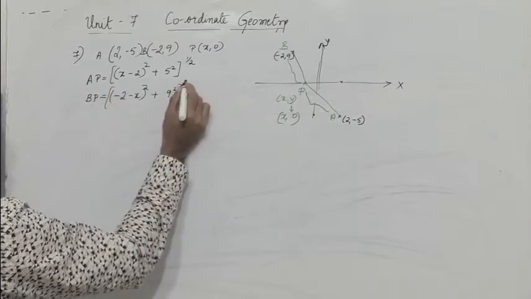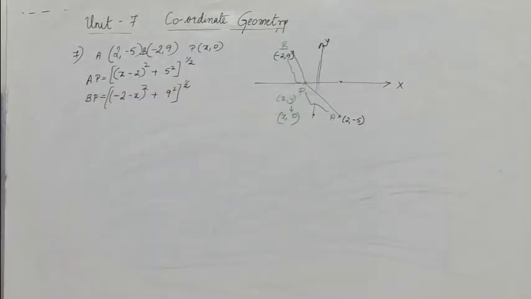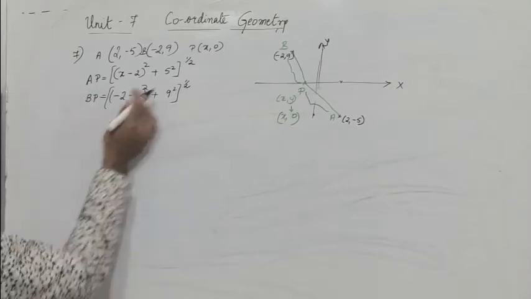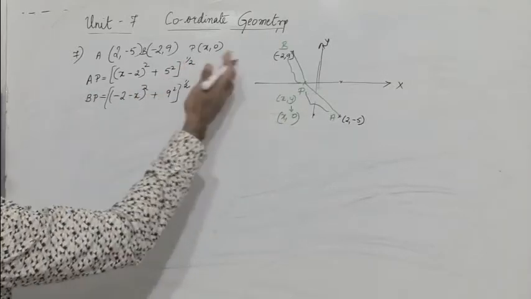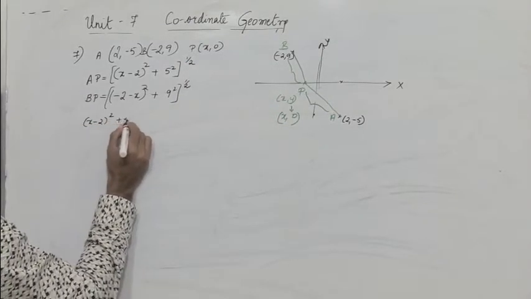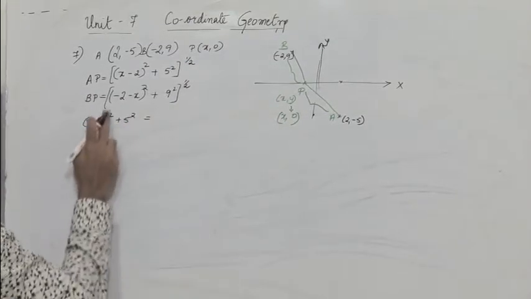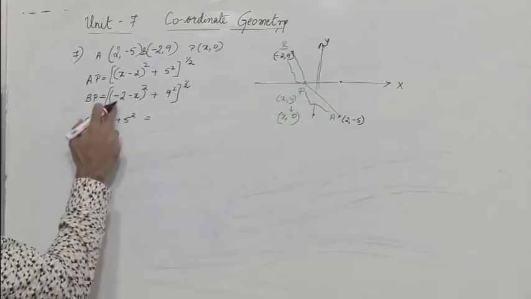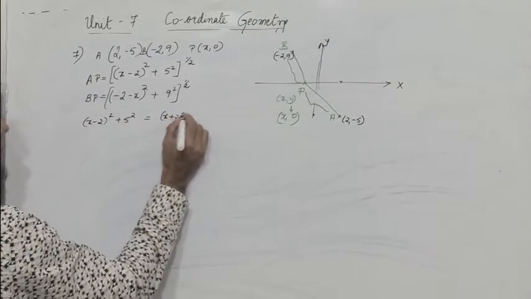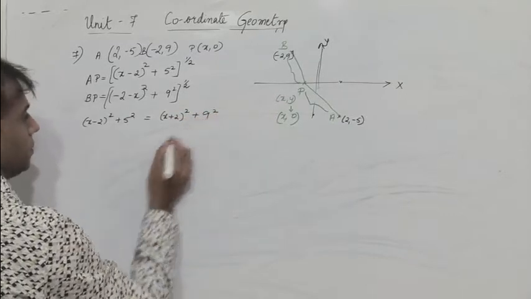Now these two are equal, that is what is given. So let me equate these two and take the square. So I get (x minus 2) the whole square plus 5 square equals, if I take the minus sign outside and square it, (x plus 2) the whole square plus 9 square.